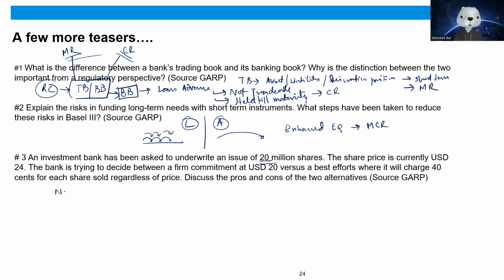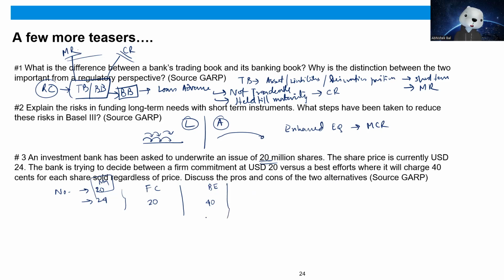The share price is currently USD 24 apiece, and the bank is trying to decide between a firm commitment at USD 20 per share, of course, these are millions of shares, 20 million shares, yes, versus a best effort basis, where it will charge 40 cents a share sold regardless of price. Discuss the pros and cons of the two alternatives.